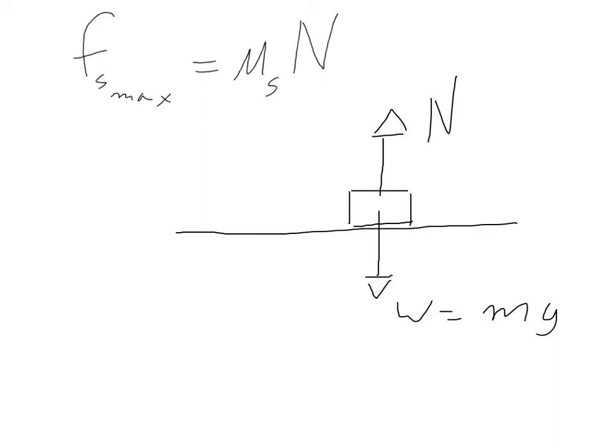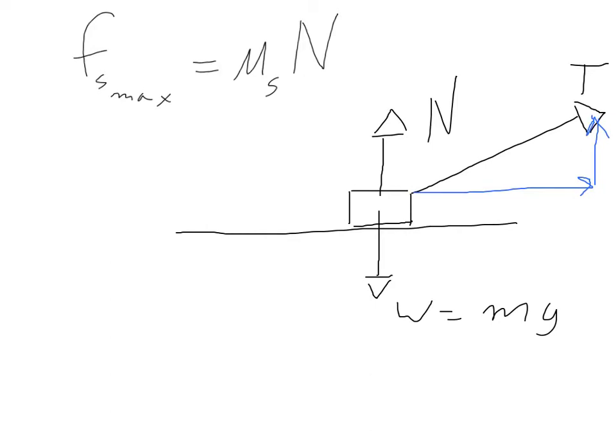That's why it's a better equation that way, because it takes into account more circumstances. Another circumstance is if somebody is pulling with a string on the block, except they're not pulling horizontally, they're pulling up at an angle.